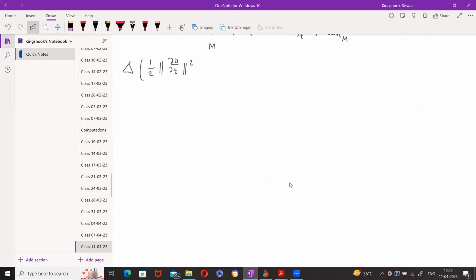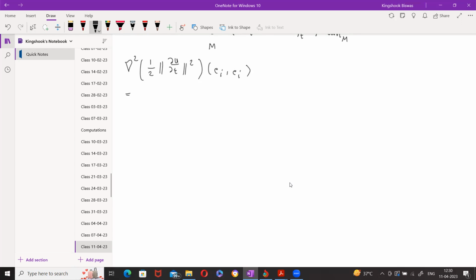So what will this be? Rather than the Laplacian, I just do one term, the Hessian of this applied to e_i. This is a similar computation to the one we did earlier.